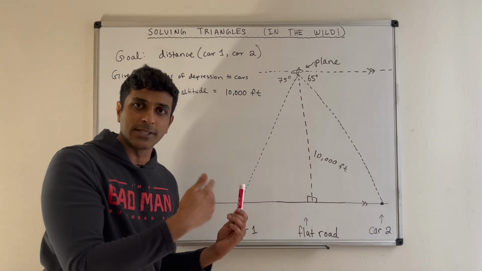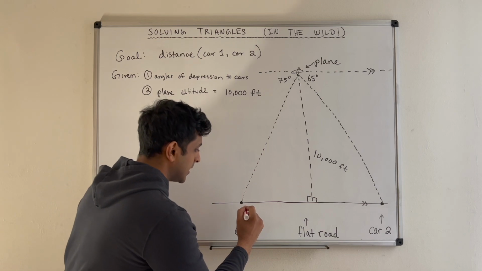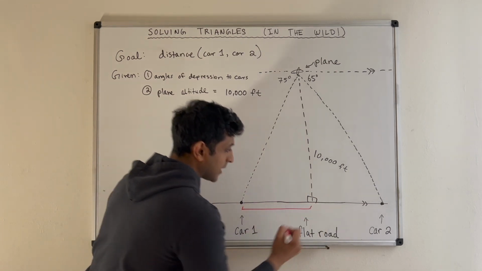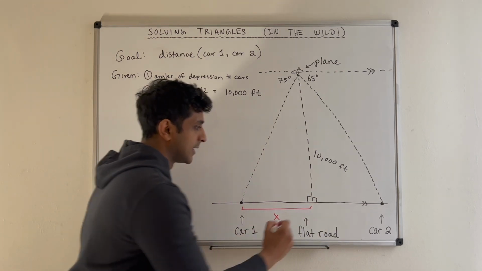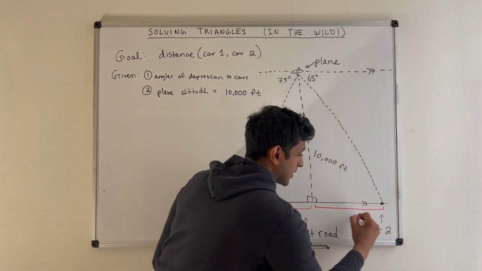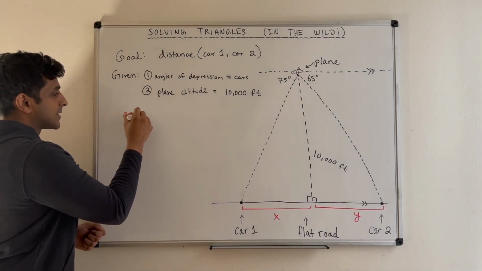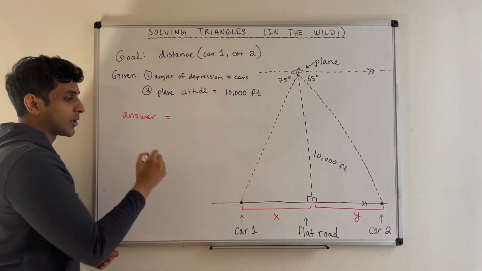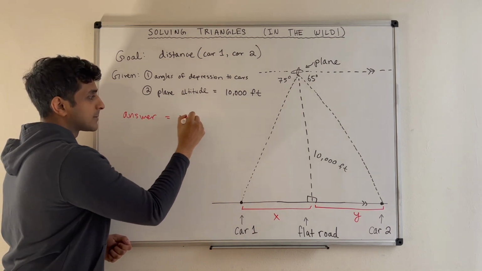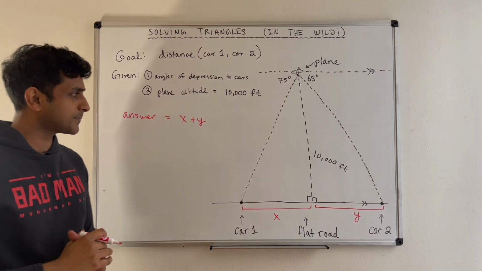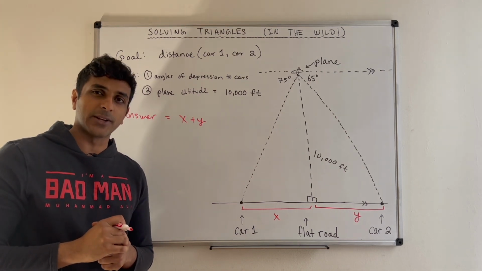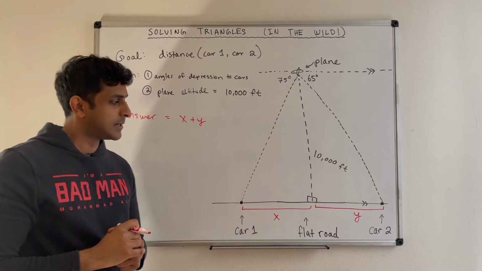If we think about these as two separate right triangles, and we think of this leg of this right triangle as x, and this leg of this right triangle as y, then the answer to our question, the distance between the two cars, can be expressed as x plus y. So now we just need to find what x is and what y is.